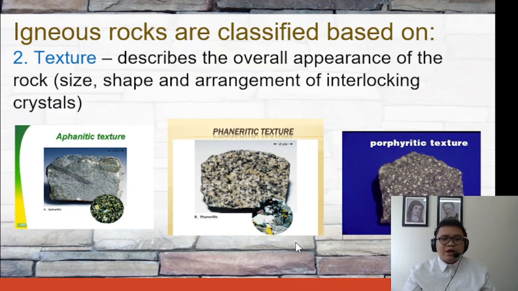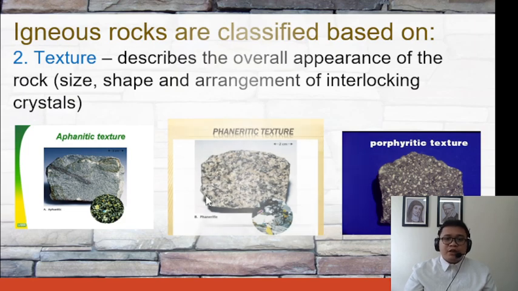When you say aphanitic texture, that means the crystallization is very fine. It's so small that you can hardly notice the crystallization on the surface. Then we have the phaneritic, where the crystallizations are very visible, as you can see from the picture here. And we have the porphyritic, somewhat the intermediary between the aphanitic and the phaneritic texture. So that's how these igneous rocks differ according to texture.